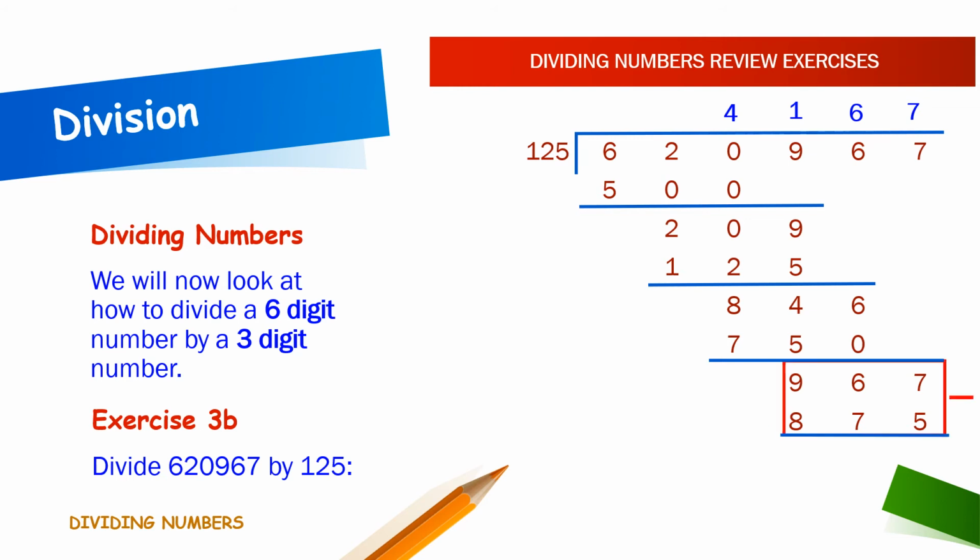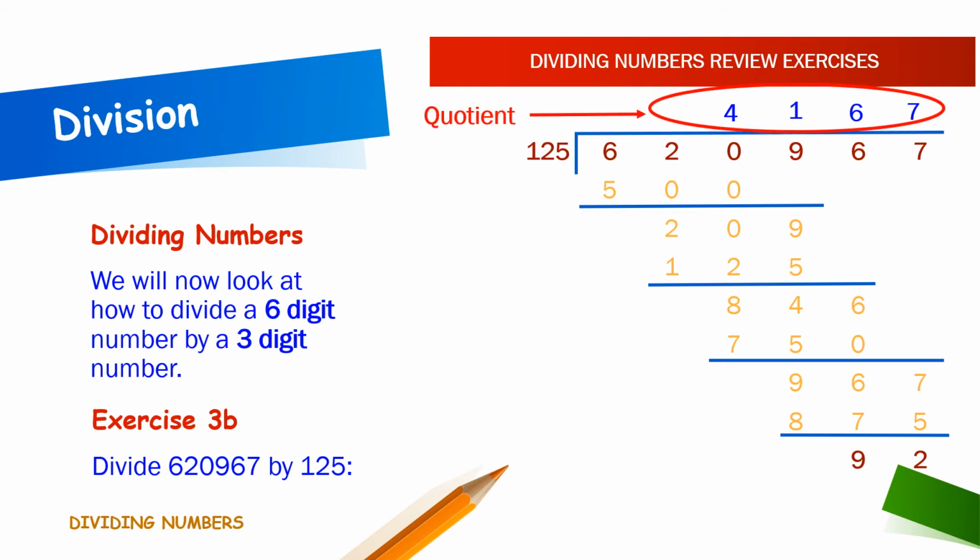Then subtract to give 92. And so dividing 620,967 by 125 gives 4,167, remainder 92. So we have that the quotient is equal to 4,167, and we have that the remainder is equal to 92.